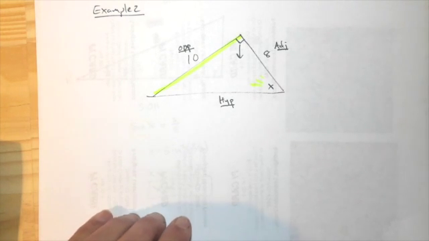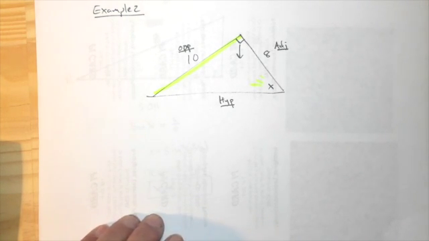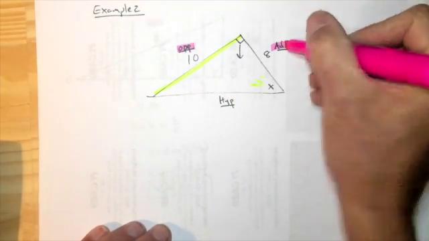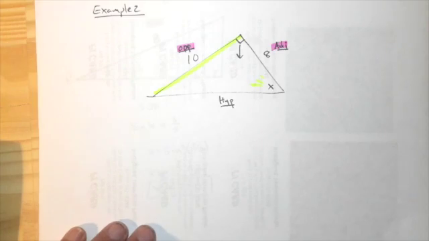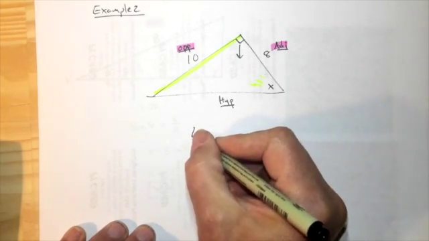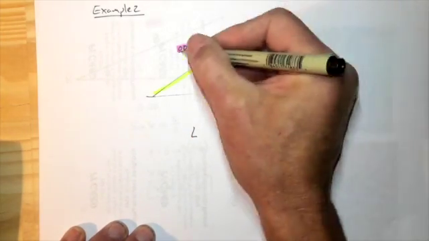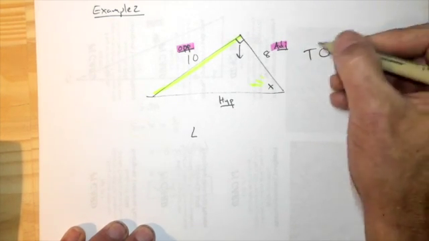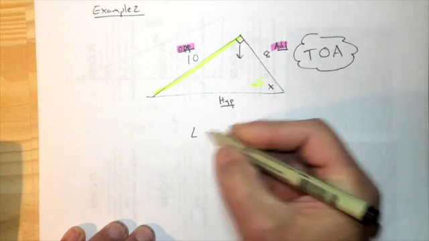Okay, now I'm going to choose to use the 10 and the 8 because I know both of those, and I can find this. So let's look at that. That's opposite and adjacent. Oh, that's TOA. So I'm going to use that to set this up.